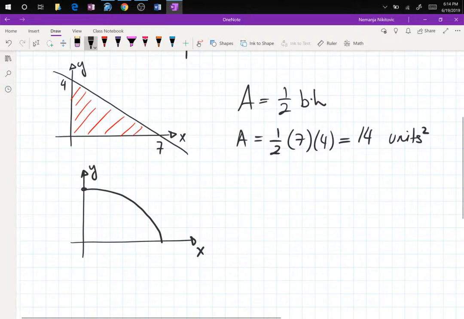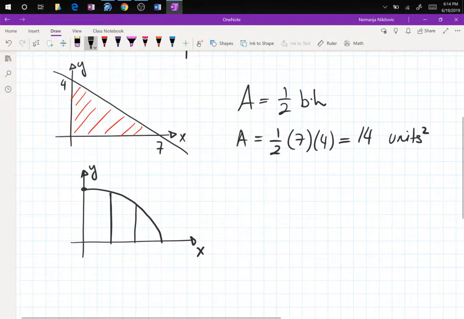So what I can do in this case is partition this area with these vertical divisions so that they all have the same width. It's not necessary to have the same, but it's much easier if they have the same division on the bottom.